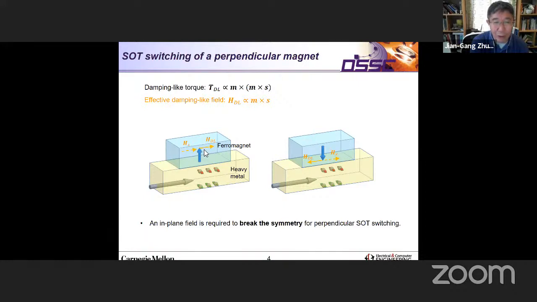In one direction, you'll switch up to down, and in the opposite direction, you'll switch down to up. So this is the nature of the spin orbital torque, and the spin Hall effect in particular. Usually people apply an external field to switch the perpendicular magnetic devices.